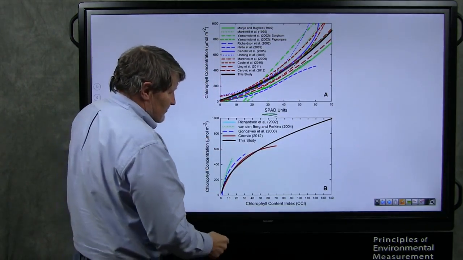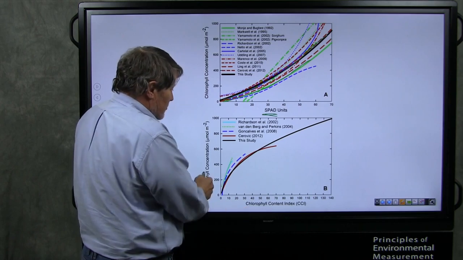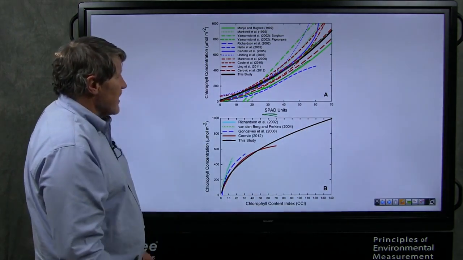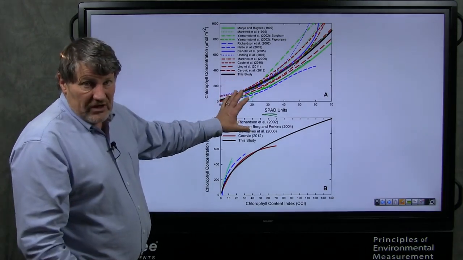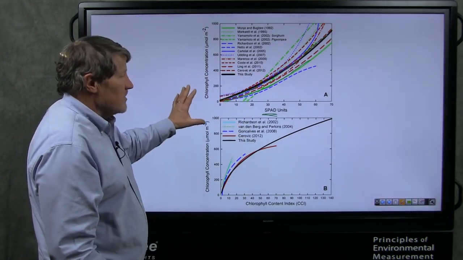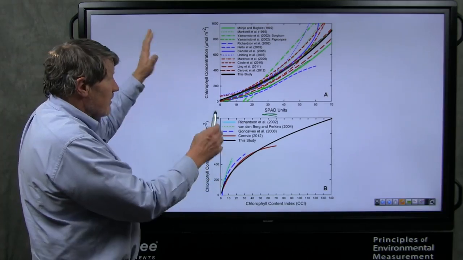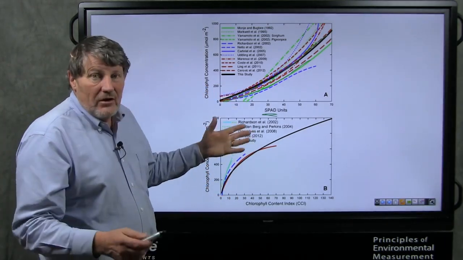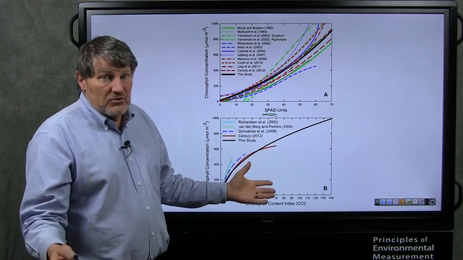Now, some people have studied the OptiSciences meter and chlorophyll, and that's also nonlinear, but it curves the other direction. We did both of these in this paper, but so far, this is literature review, except for our study. All it does is show these papers don't agree.